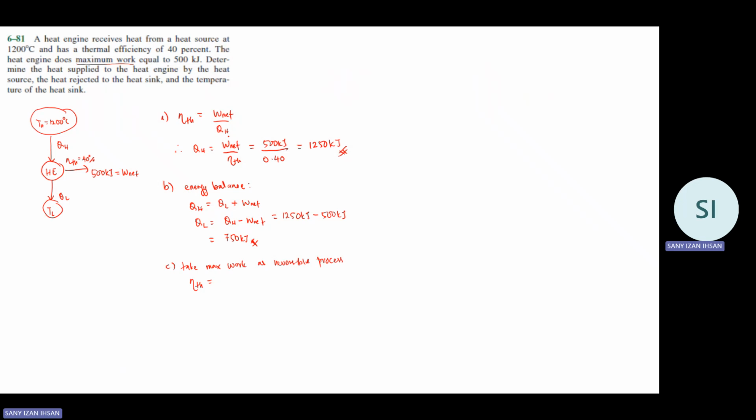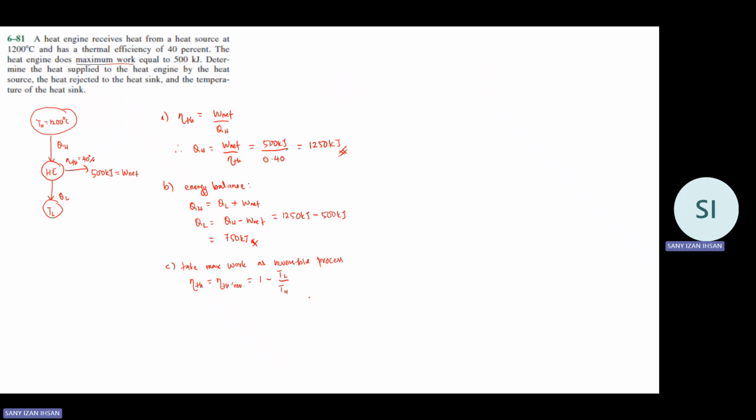The efficiency, as we defined before, is nothing but the efficiency of a reversible process. For reversible, you can also relate simply by the temperature between the two reservoirs: 1 minus TL over TH.